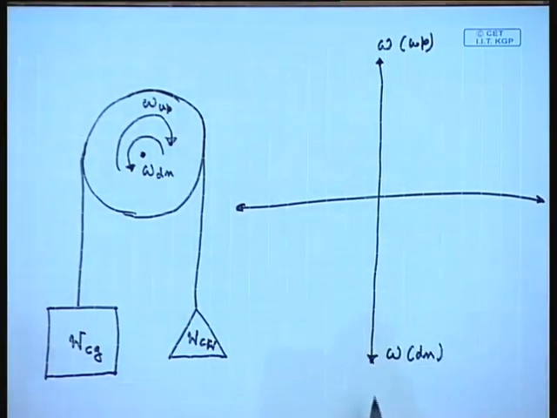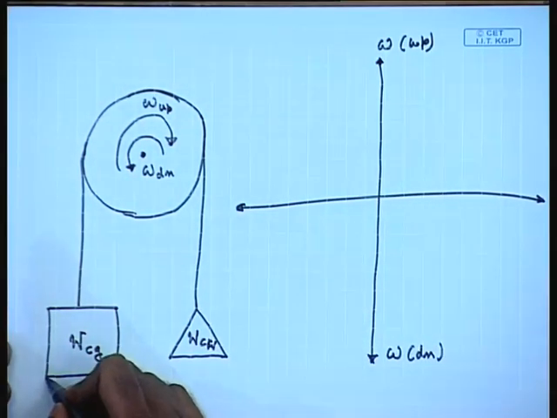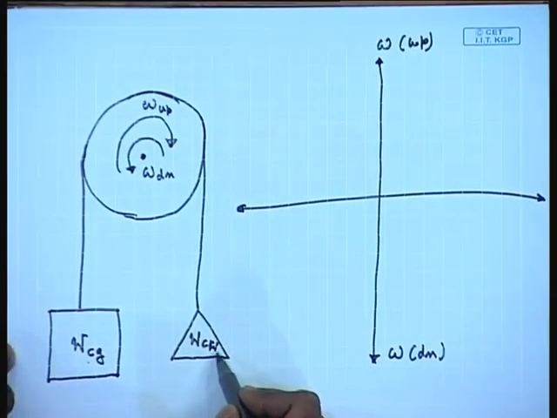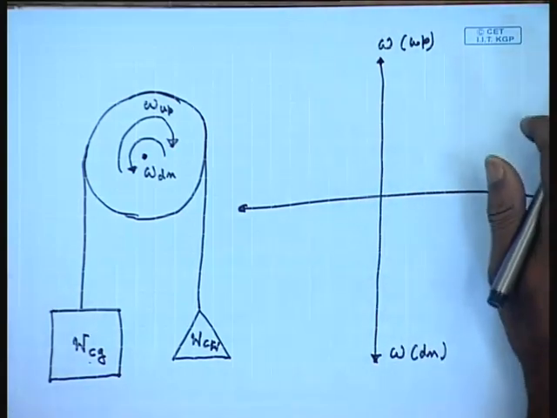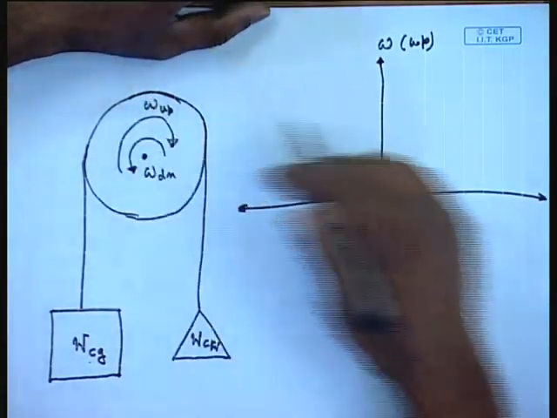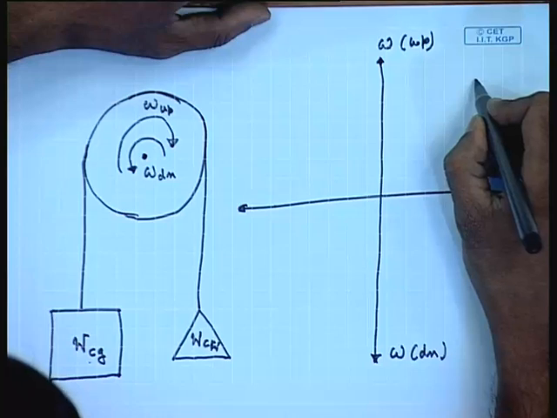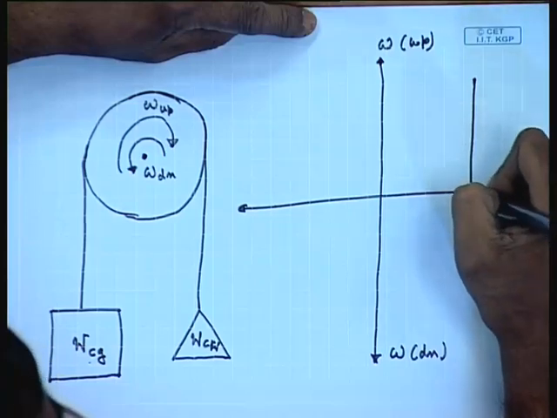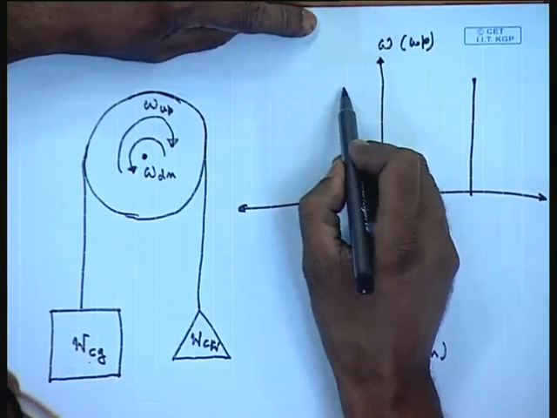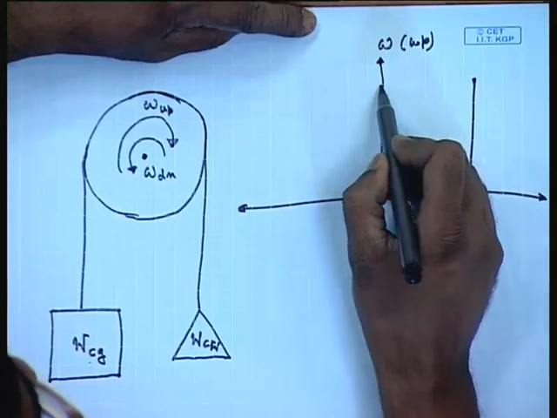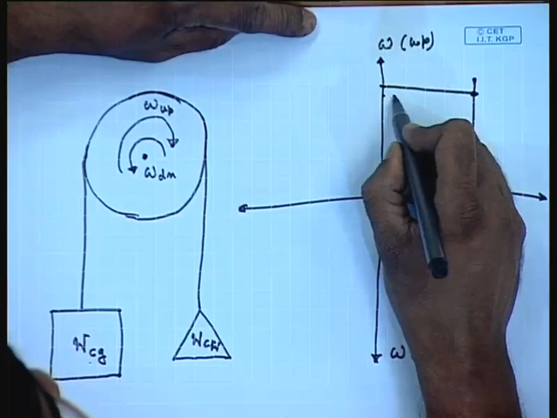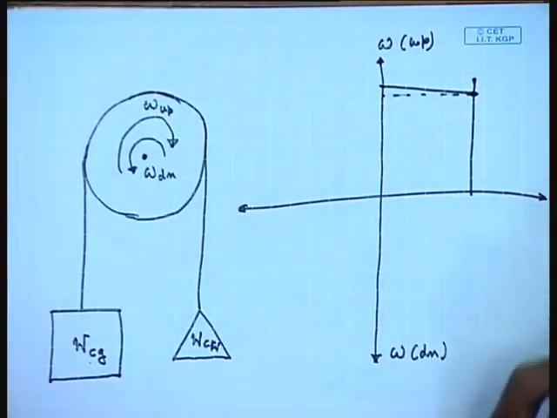Suppose the cage is full, so that WCG is larger than WC, and we want to lift the cage. In that case, we have seen that the torque speed characteristic of this system is given by a vertical straight line, and if it is driven by a separately excited DC machine, then somewhere here the operating speed will be.